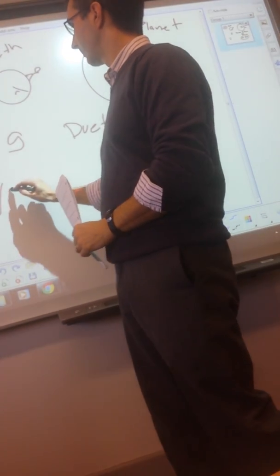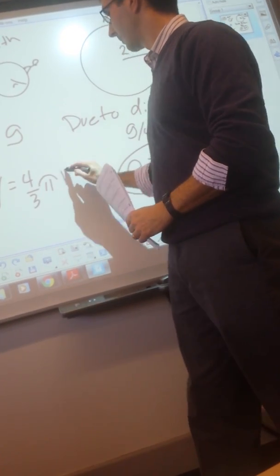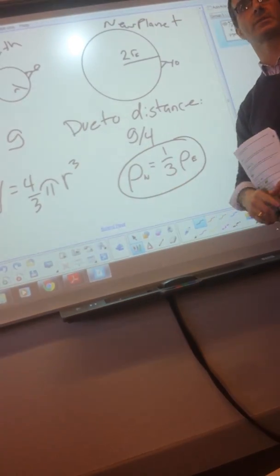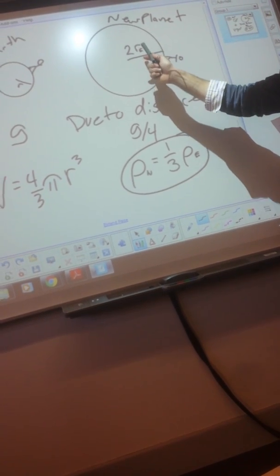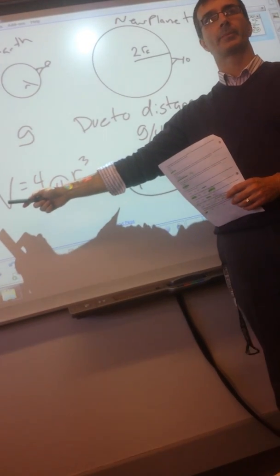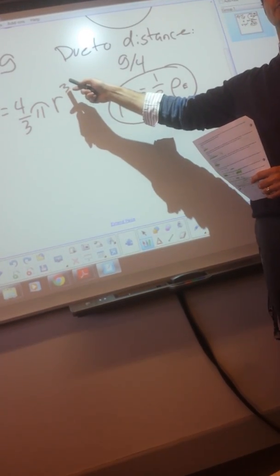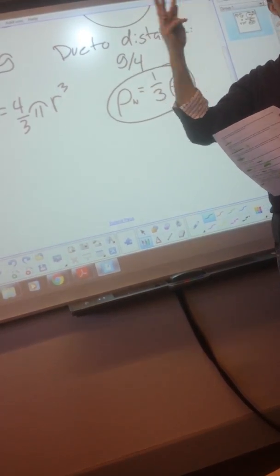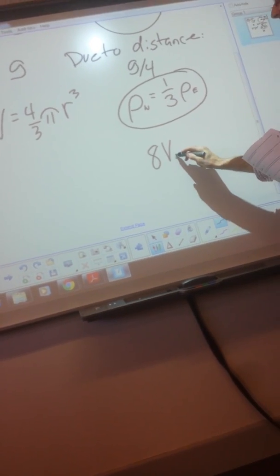Volume is based on the cube of the radius. If we double the radius, what happens to the volume? It goes up by 2 cubed. So 2 times 2 times 2, it goes up by 8 times. So this planet has 8 times the volume of Earth.